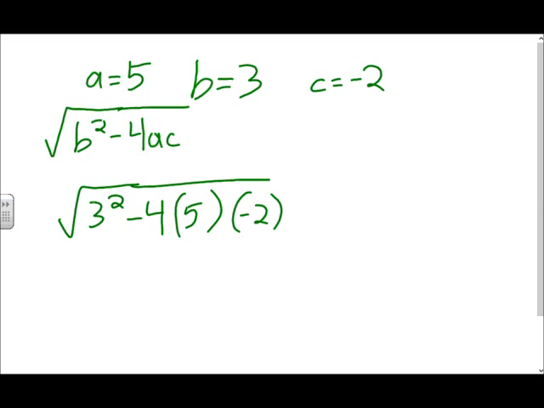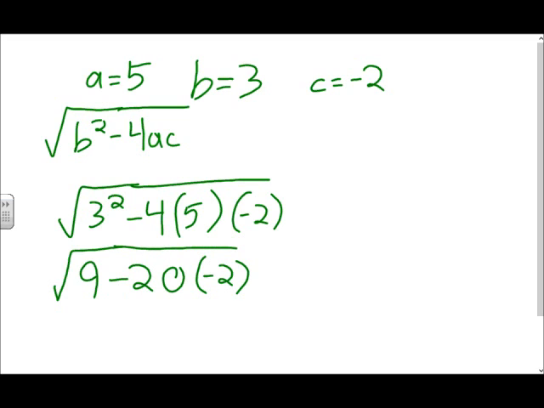Now we begin simplifying. So we get 3 squared is the same as 9. And then negative 4 times 5 is negative 20. And I still have the times negative 2 over there.